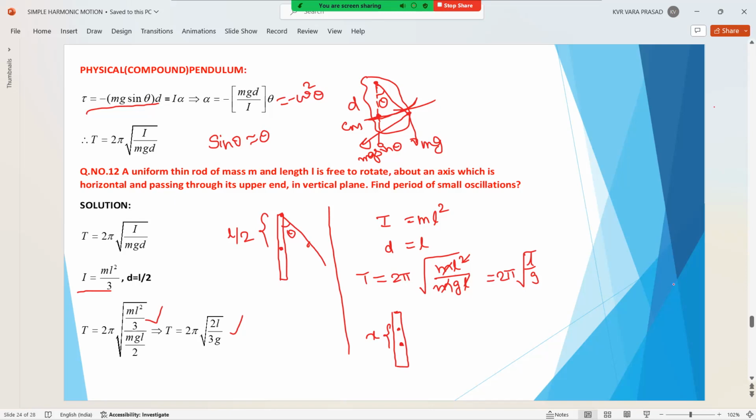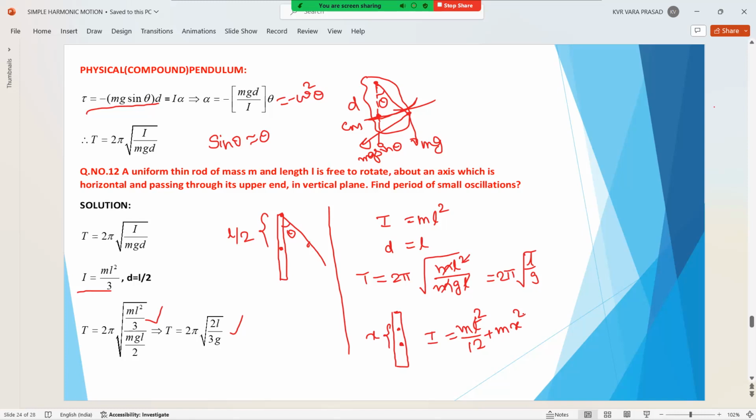While calculating I value, I value must be ml square by 12 plus mx square.